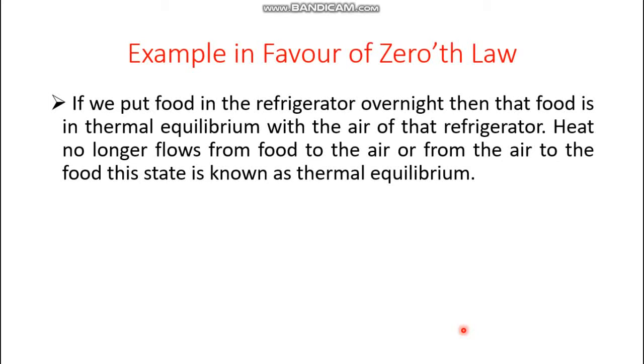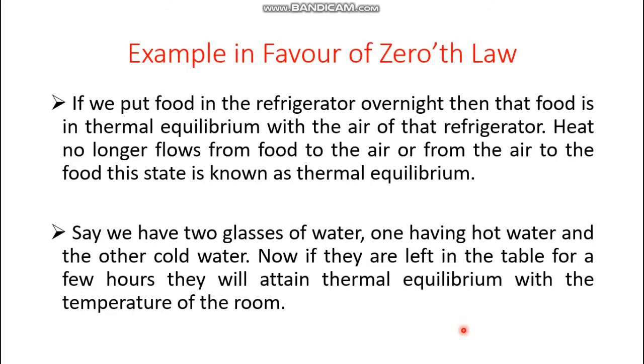When you keep the food item inside the refrigerator, the heat energy is absorbed by the compressor of the fridge and thrown out of the system, and afterwards the temperature of that food item becomes equal to that of the internal air of the refrigerator. That means after some time it attains thermal equilibrium with the internal air of the refrigerator. So this is one example where, after attaining thermal equilibrium, no heat transfer would occur between the food item and the internal air of the refrigerator.